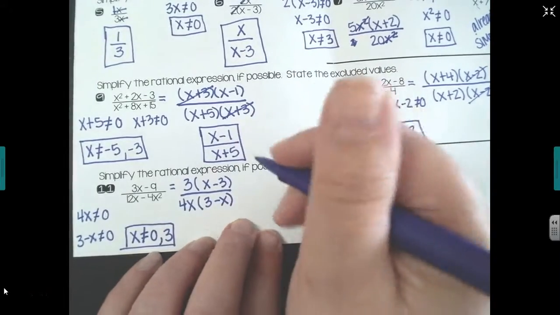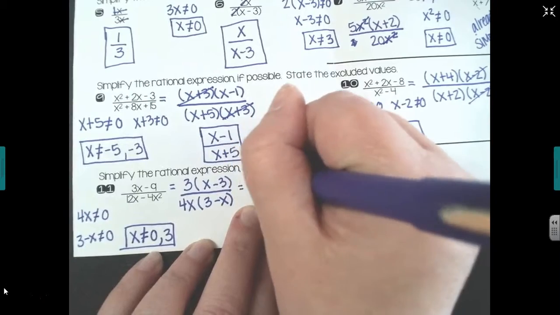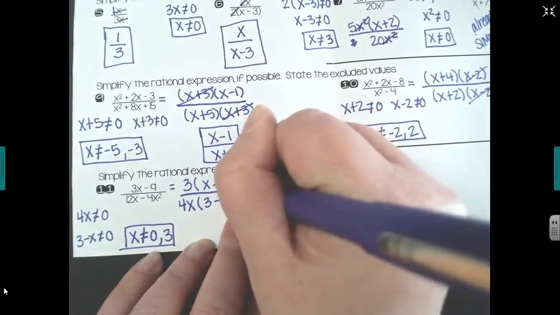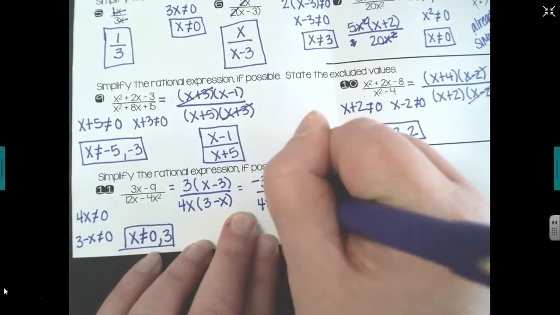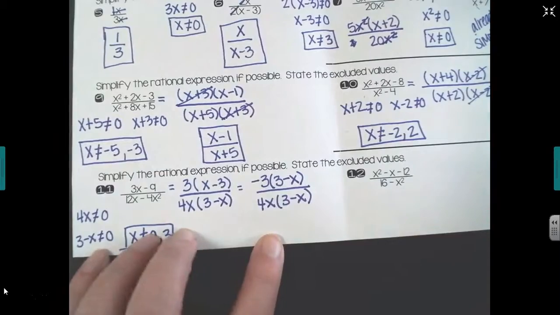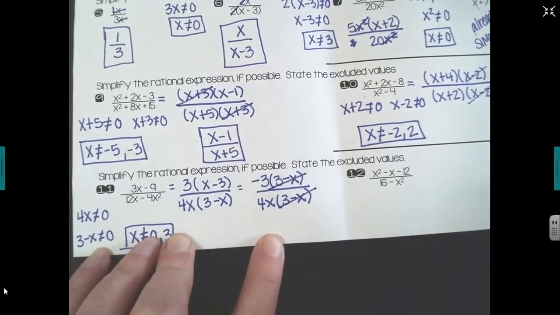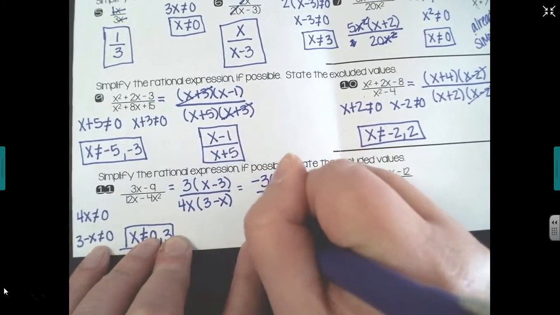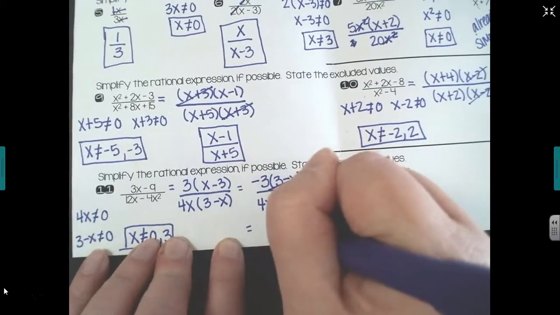So what we can do is we can factor out a negative on top, and then that makes the inside binomial switch. Now we can cancel those 3 minus x's. So on top we're left with negative 3. On the bottom we're left with 4x.